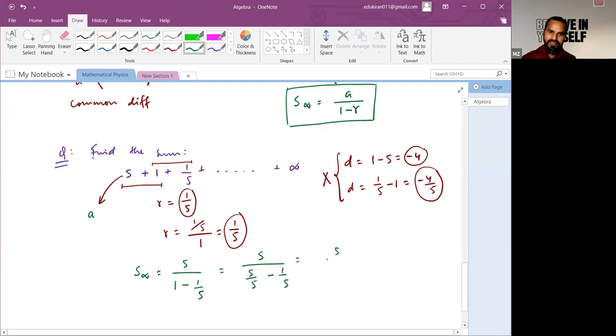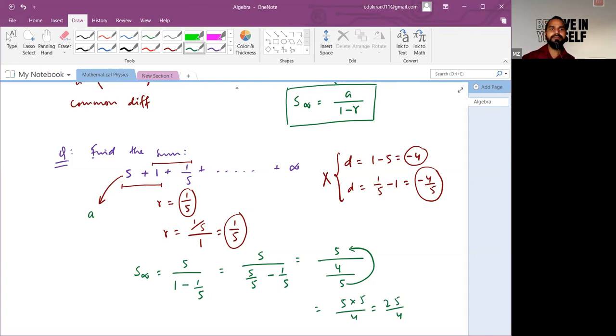If we take 5 to be the LCM for these two parts, it would be 5 minus 1, that would be 4. This 5 would move to the numerator. So it will become 5 into 5 divided by 4, which is equal to 25 by 4. Is it clear to everyone?